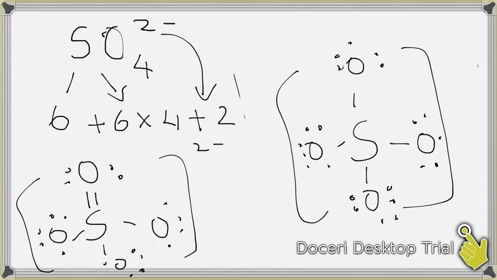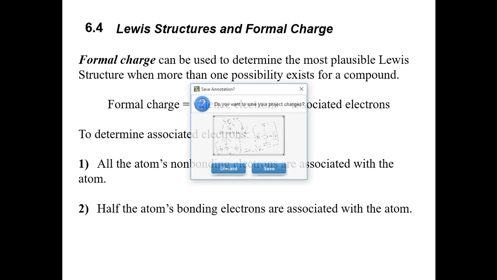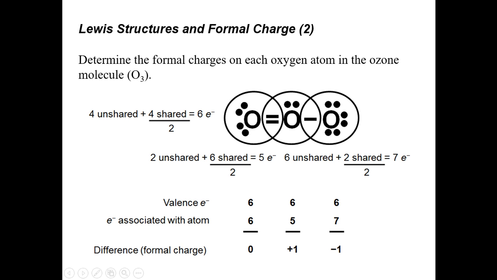First you need valence electrons. So the formal charge is valence electrons minus associated electrons. So here you have to find the valence electrons.